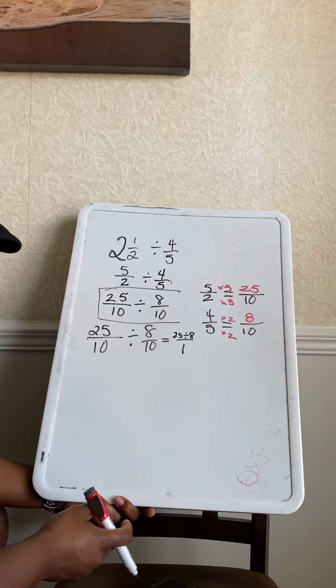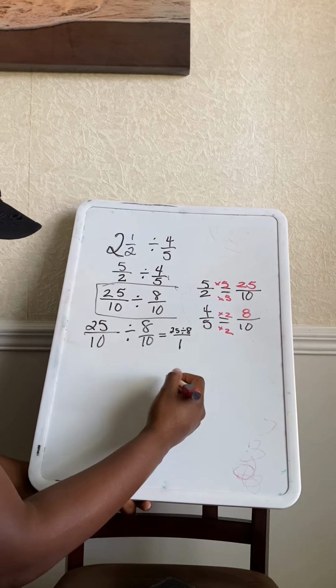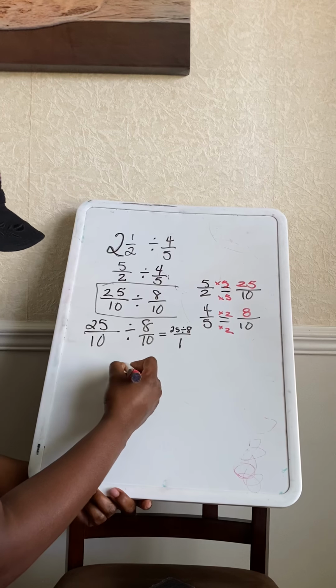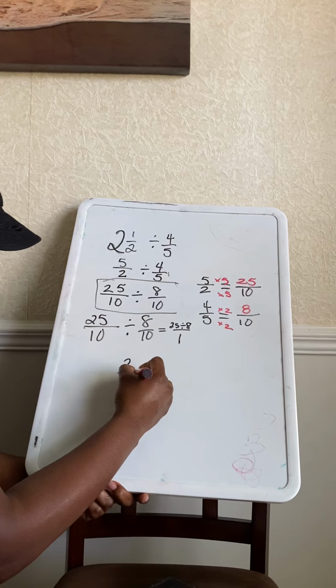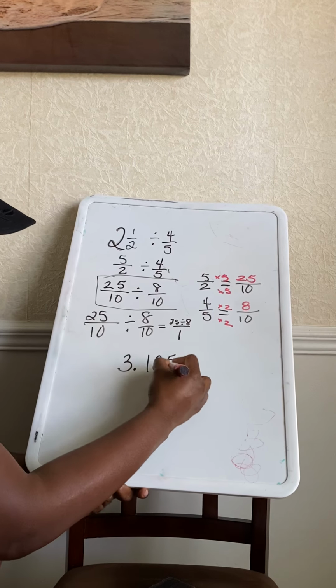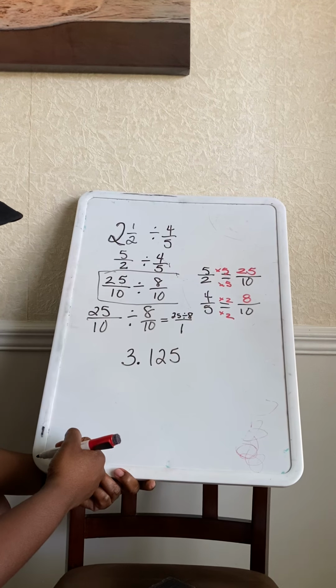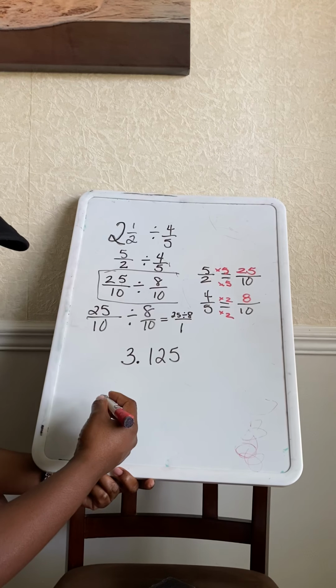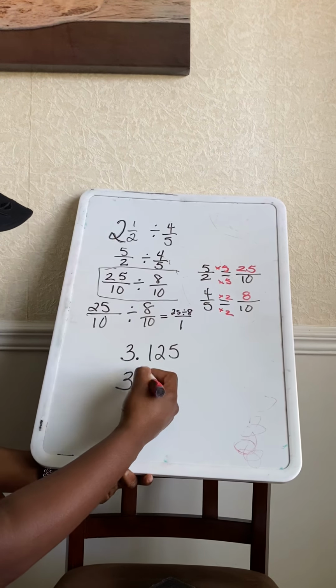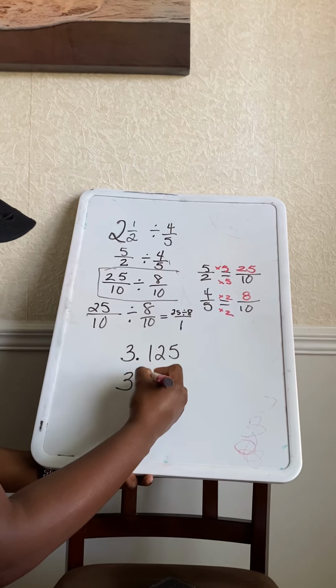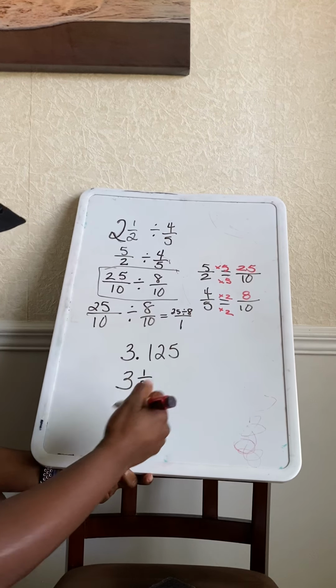When we do that, if you have a calculator, you'll see that your decimal will be 3.125. And if you don't have a calculator, then your mixed number will come out to be 3 wholes and 1/8.